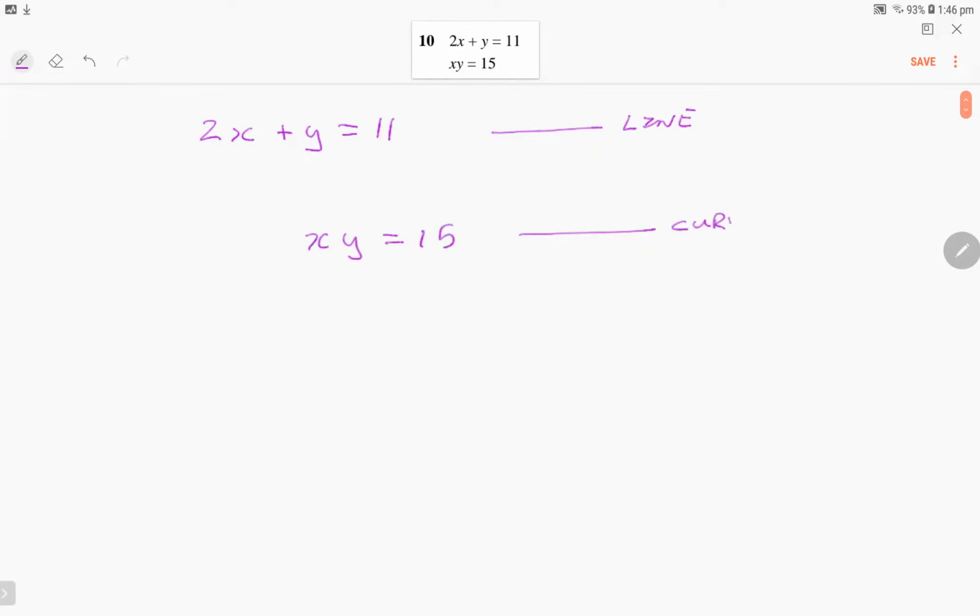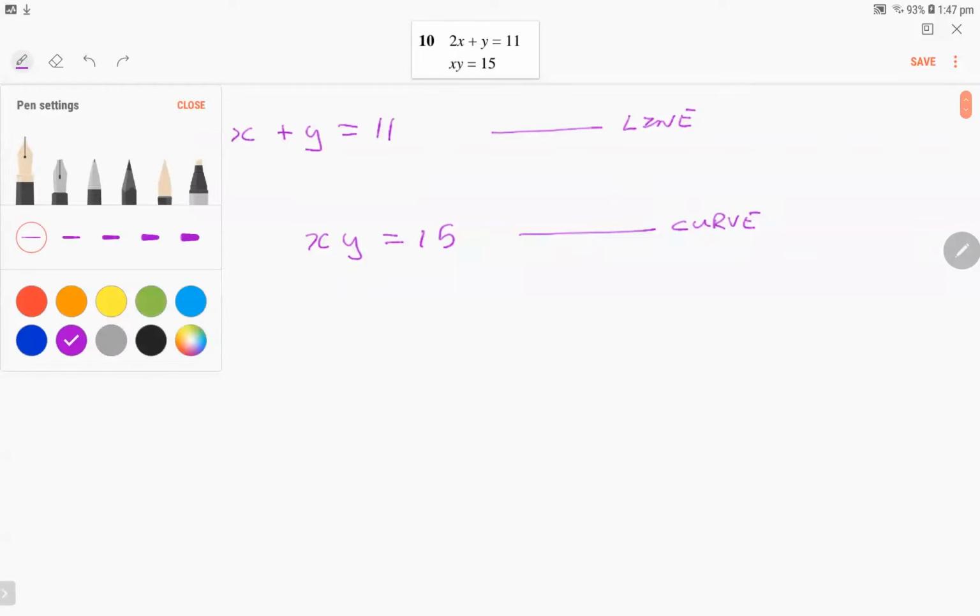Now, I said to you that the majority of the time, you make y the subject and then substitute the line equation into the curve equation. But let me show you another little skill. This one is saying xy equals 15. If I can generate the xy in this equation, I can just replace it with 15.